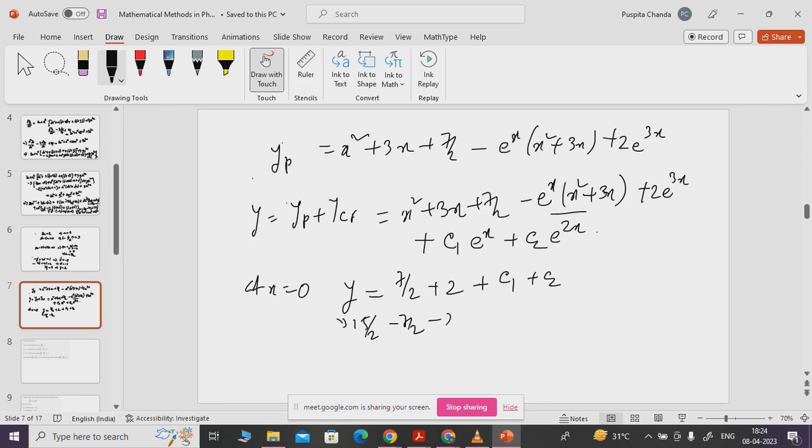So 7 by 2 minus 2 will be c1 plus c2, 4 by 2. So c1 plus c2 will be 2.